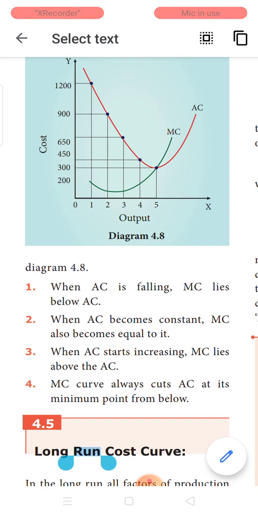Where the AC is at its minimum, at that point only the MC curve will cut the AC curve. It will not cut from above, it will cut from below. So these are the four relationships between AC and MC. It is an important 3-mark answer where you need to draw the curve and write the 4 points.